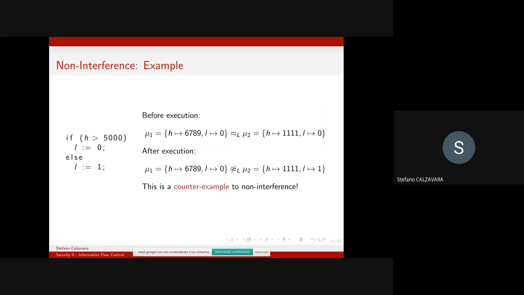In this case, there is no direct flow of confidential information inside a public variable, because in this case, I'm assigning to variable L the value 0, and in this other case, I'm assigning to the variable L the value 1.